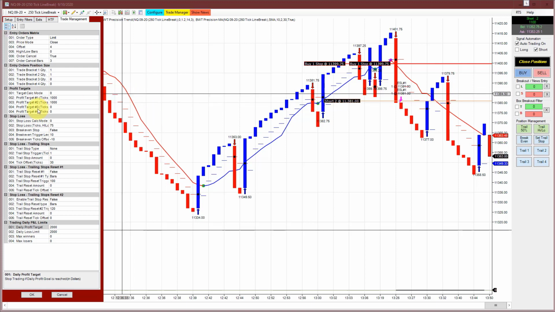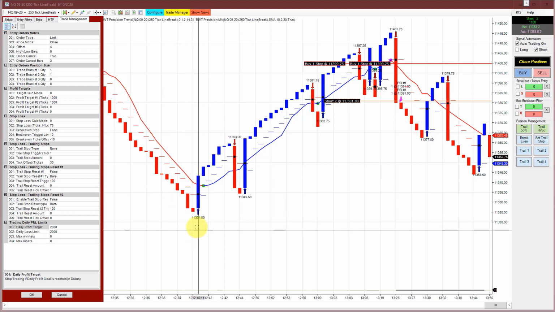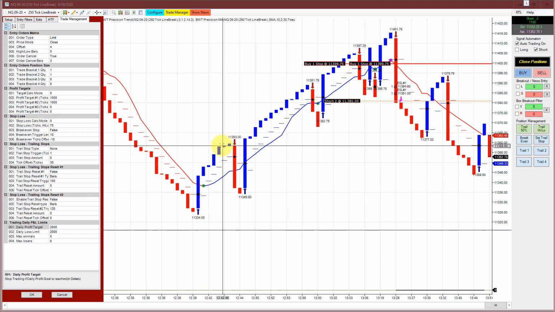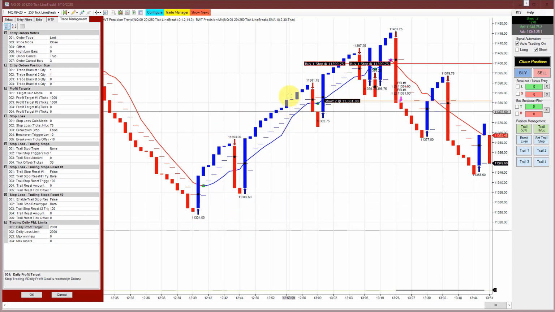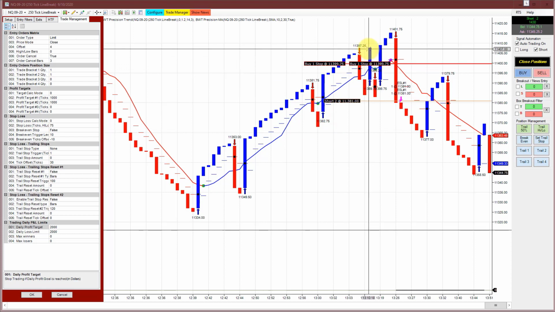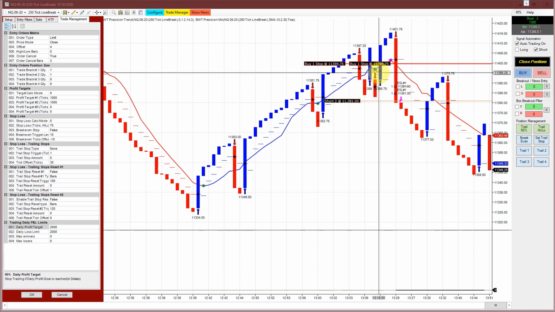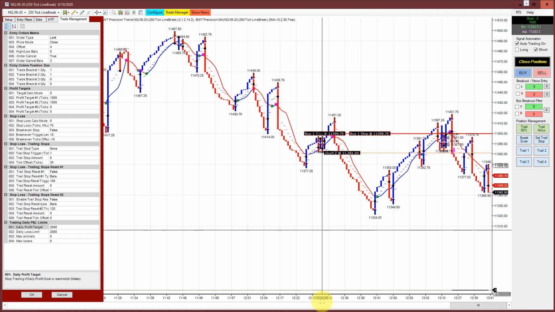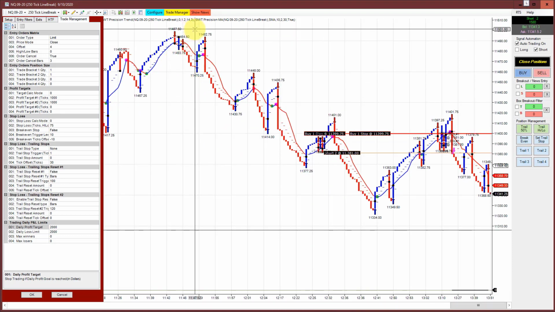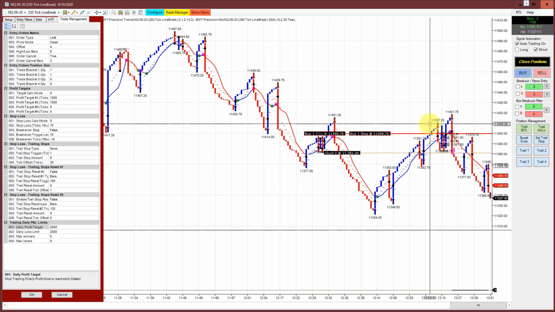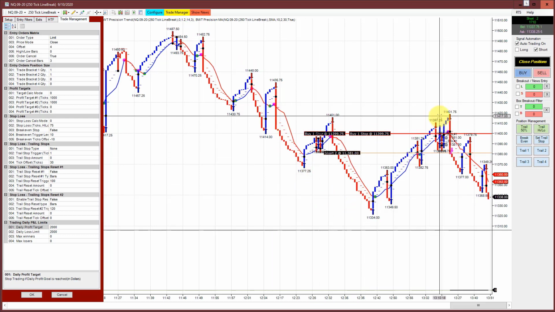I also want to note that on a line break chart, it's easy to see market structure. You can see a low, a high, a higher low, another high, a higher low, and then this kind of action is a transition. In the bigger picture, what we have is a series of lower highs and lower lows, and then this kind of broke that pattern.